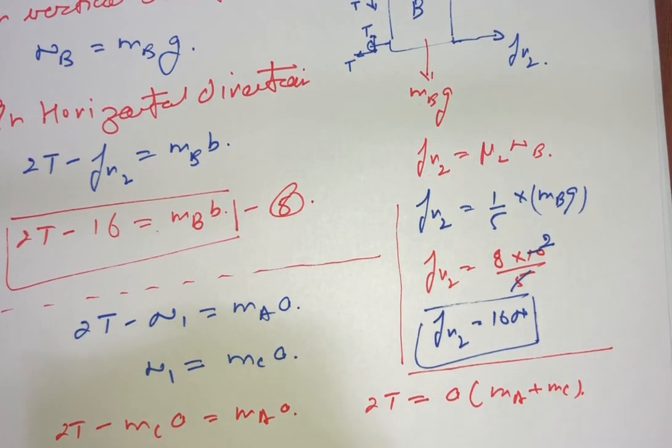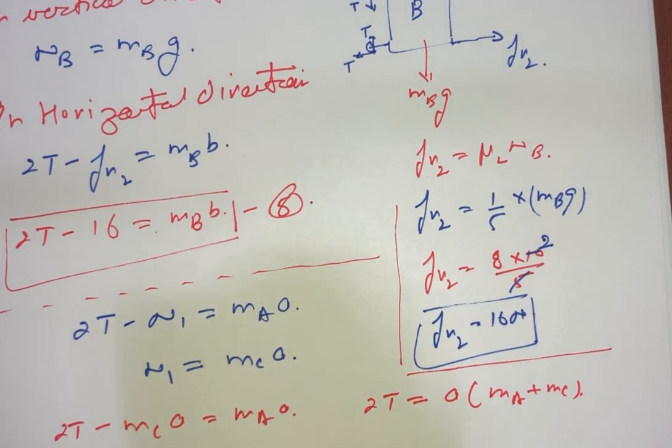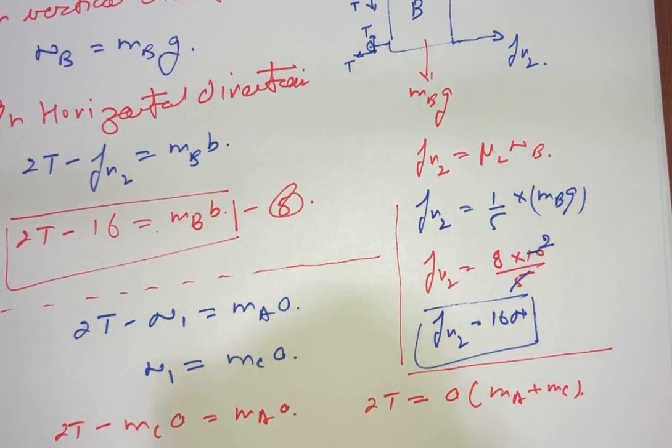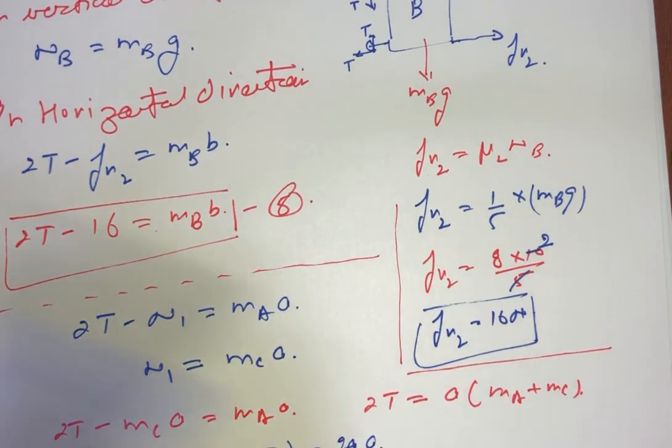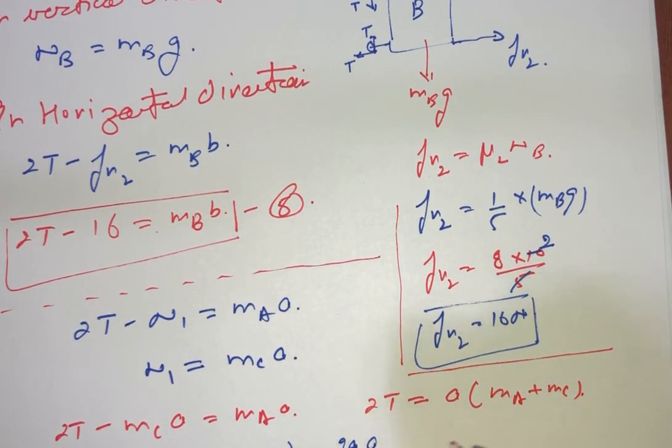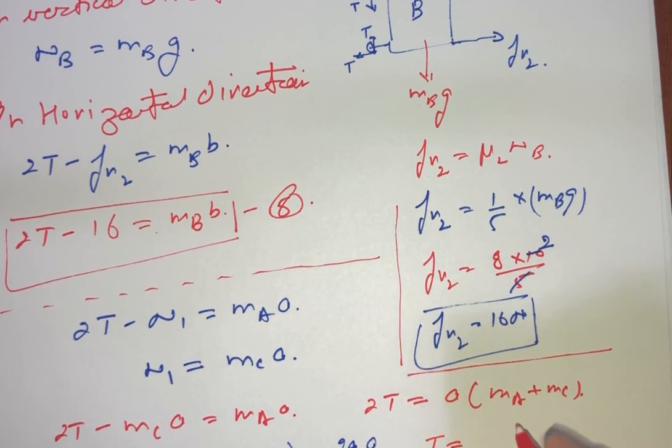We substitute the values, mass of A is given as 18.5 and mass of C is 1.5, so we get 2T is equal to 20a. So tension T is equal to 10a.